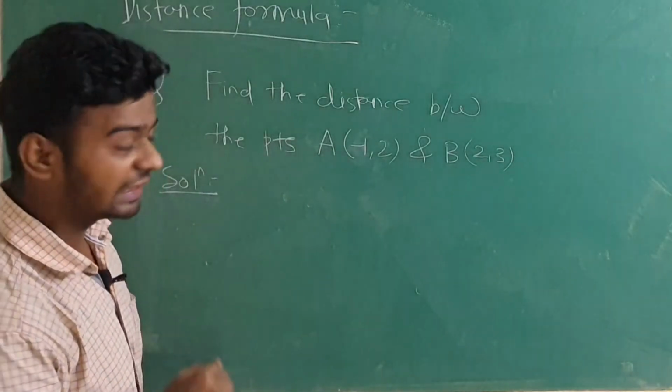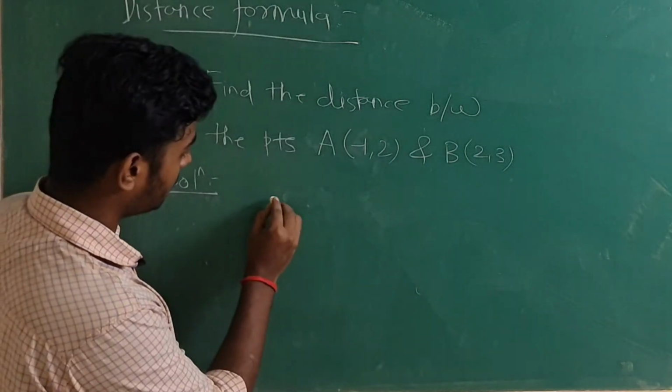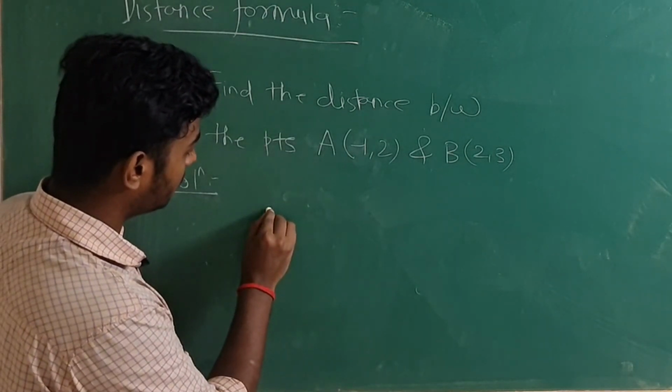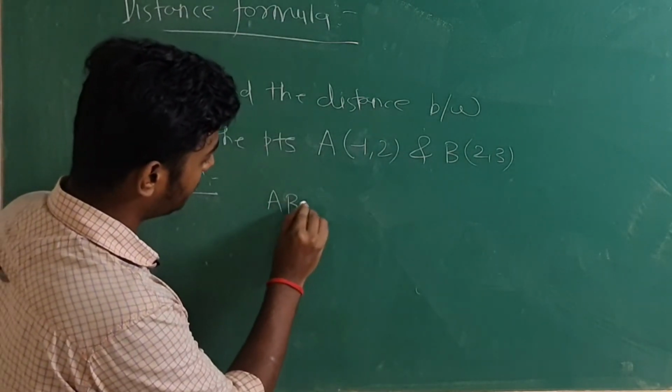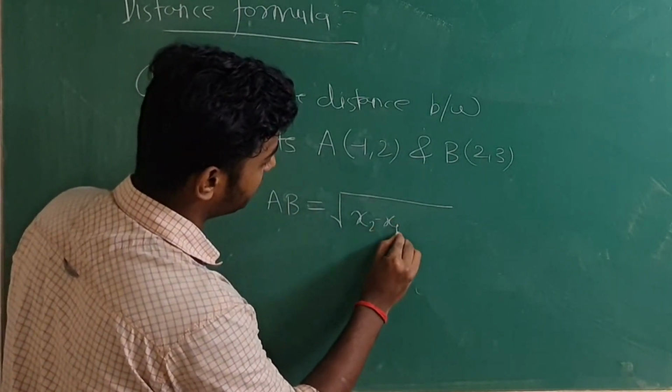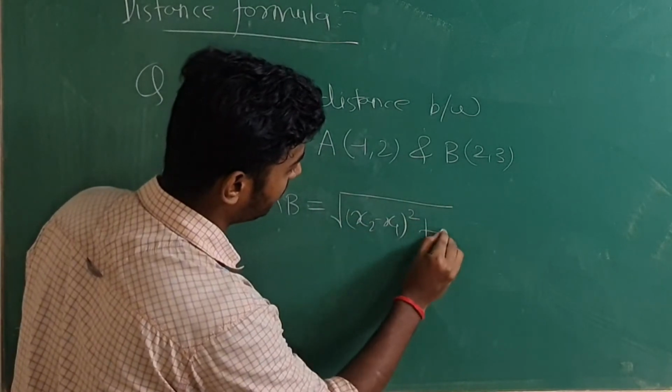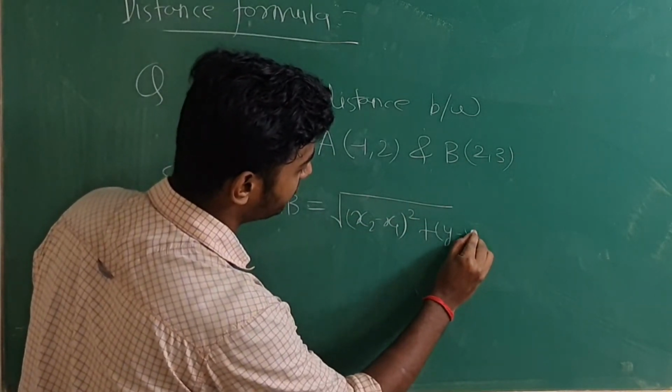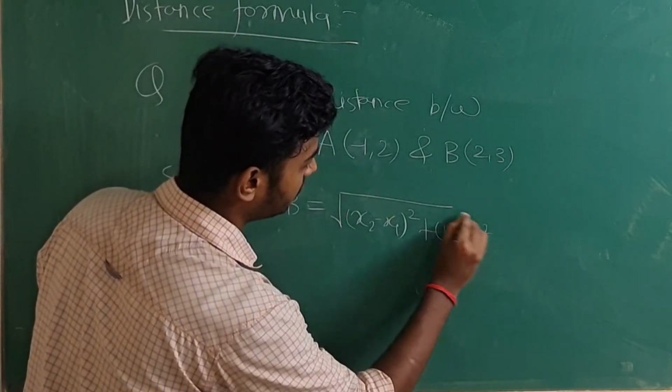Now we know the distance formula: AB equals the square root of (x2 minus x1) the whole square plus (y2 minus y1) the whole square.